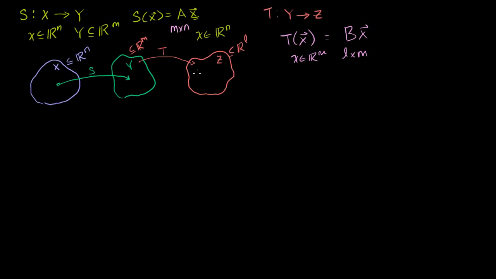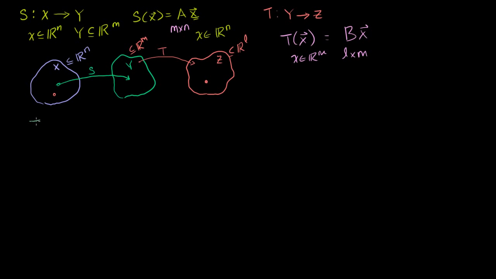Now, when you see this, a very natural question might arise in your head. Can we construct some mapping that goes all the way from set X all the way to set Z? Maybe we can create that mapping using a combination of S and T. Let's just make up some word.